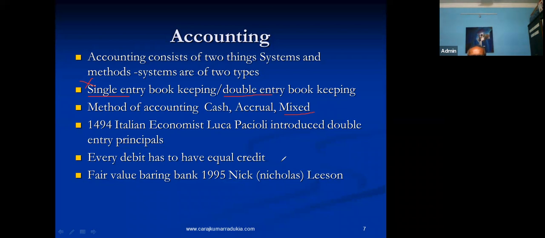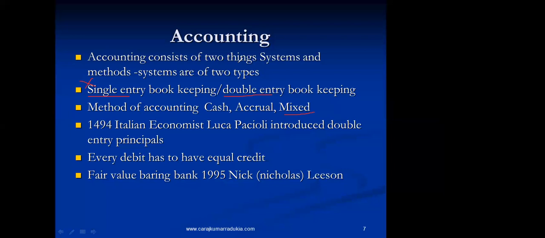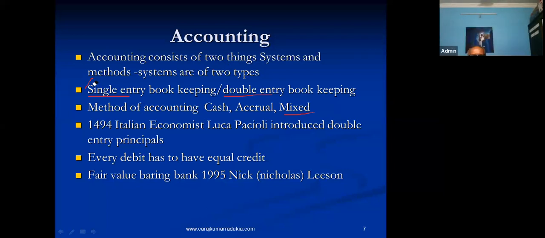We have learned that in management accounting, right? Every debit has a corresponding credit and every credit has a corresponding debit. Am I correct? Yes, sir. So no need for more explanation on that because you all are aware of the double entry system.